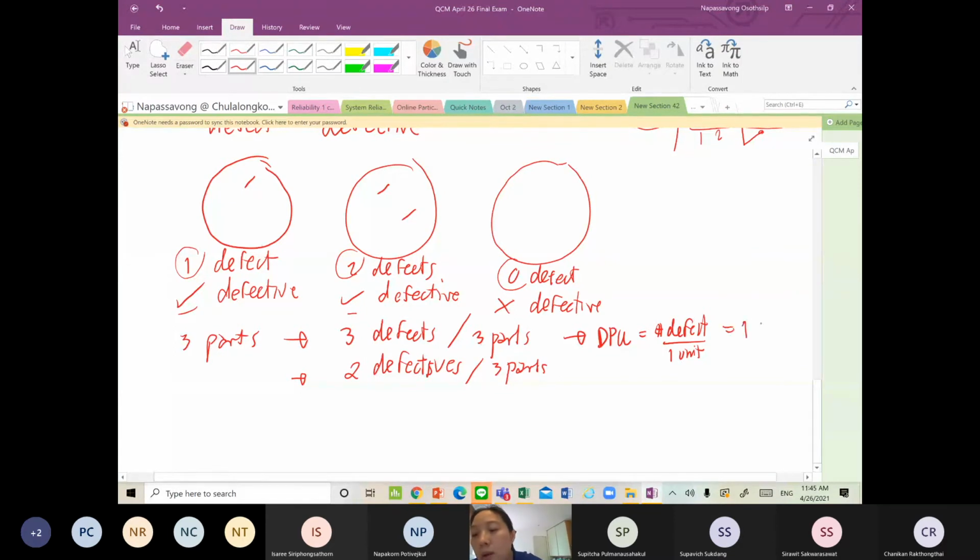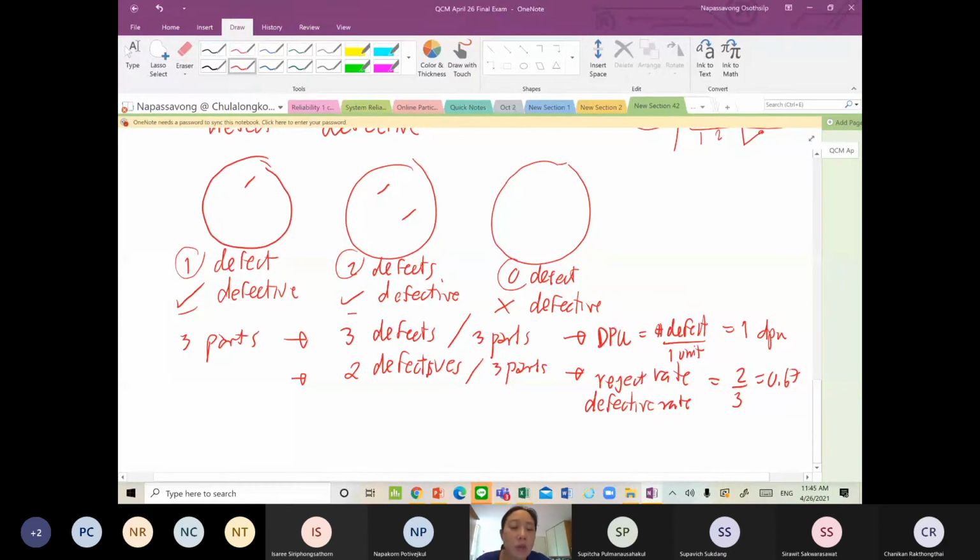DPU, 1 defect per 1 unit. And if we take a look at the number of defectives, we can say that the reject rate, or we can say defective rate, is 2 over 3, which is a proportion of defective, which is 0.67.